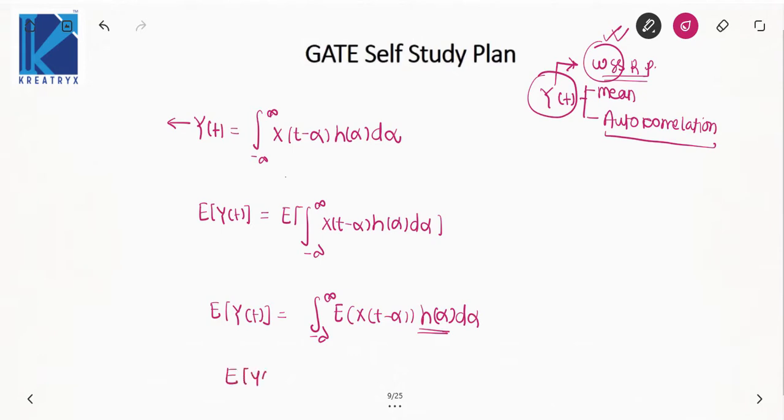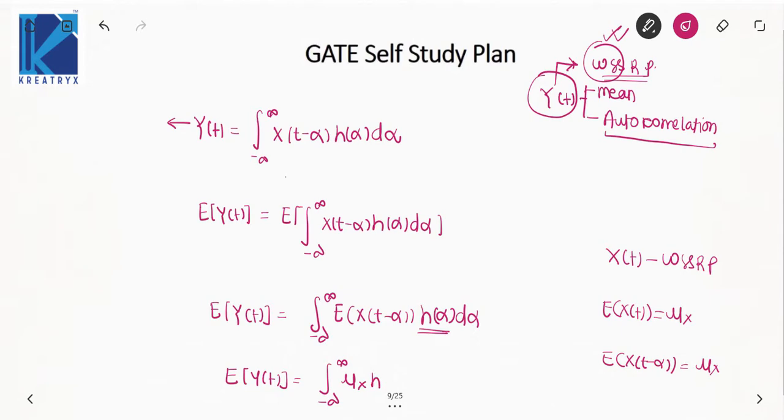We already know that x of t is a wide sense stationary random process, so its mean will be a constant value mu of x. Even if the time is shifted, it does not affect the mean, because the mean remains the same even if we are using the time shifting operation. So we can write it as mu of x, h of alpha, d alpha.